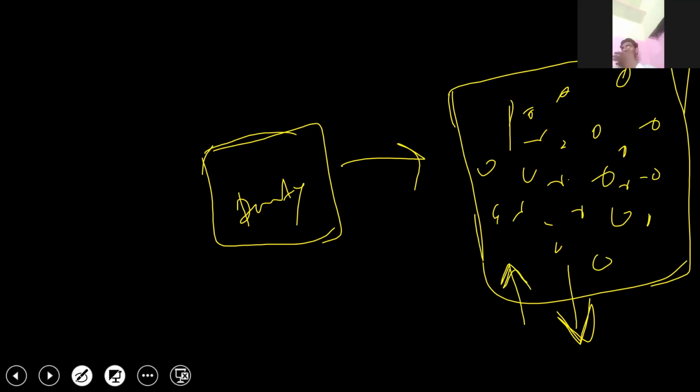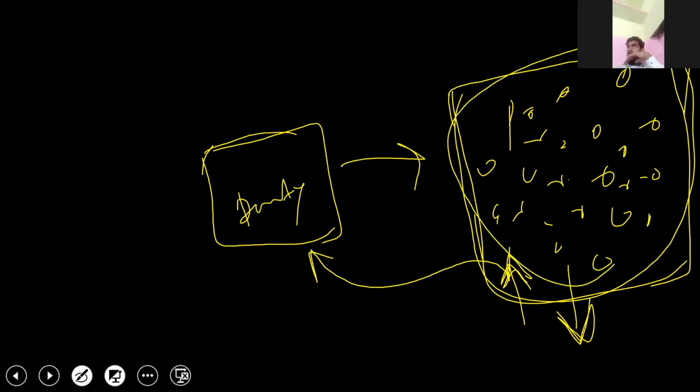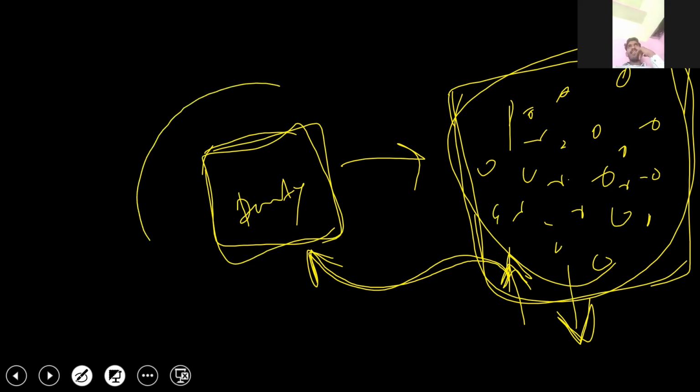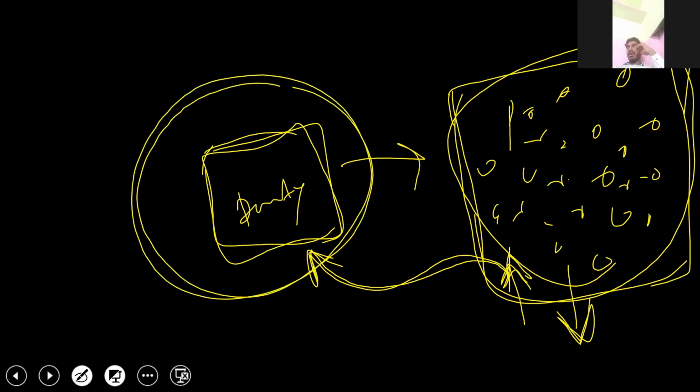As you keep compressing those particles, you keep increasing density, and that density will start approaching the density of the raw material. Initially the density of these particles will be very less, and when you compress those particles, the density will gradually increase and approach the value of the raw material. And when it approaches close to the density of the raw material, the properties will also have values equivalent to the properties of the raw material.